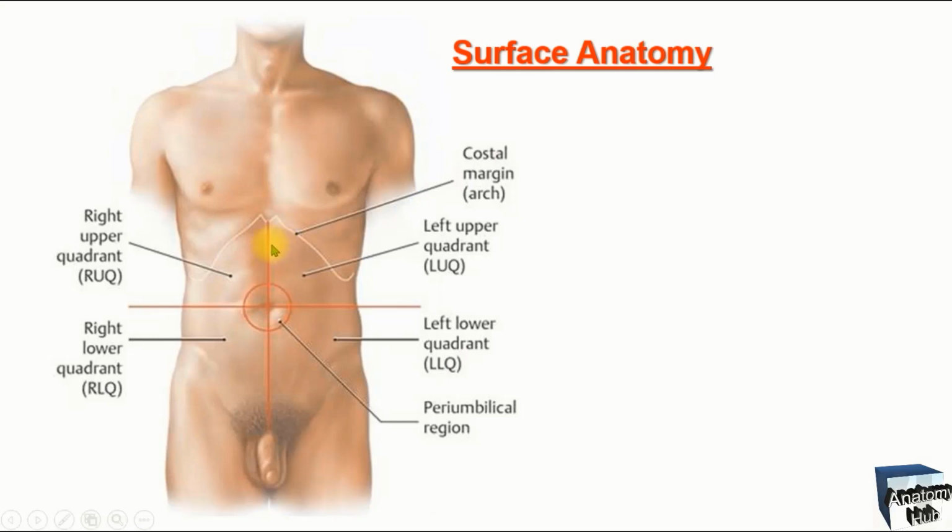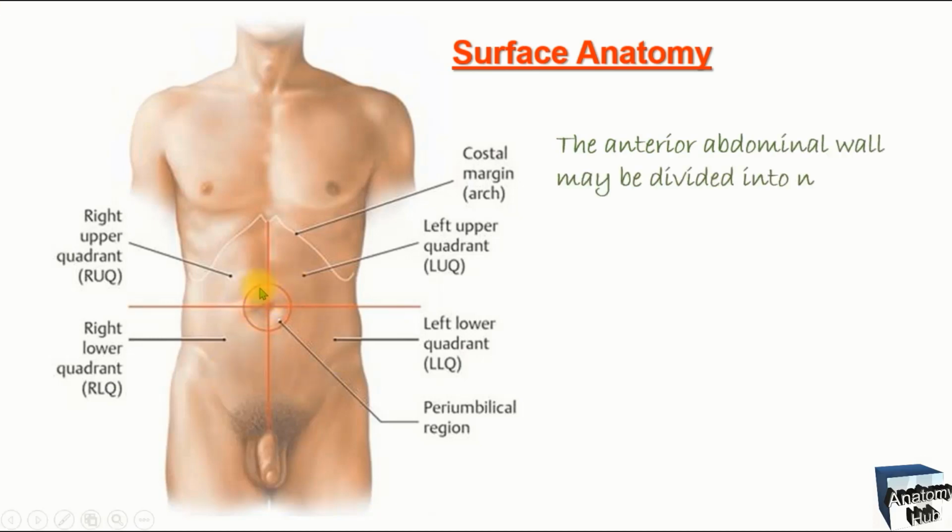Another line passes through the xiphoid process towards the symphysis pubis. So in this way we can divide the anterior abdominal wall into four quadrants, that is your right upper quadrant and left upper quadrant, left lower quadrant and the right lower quadrant.